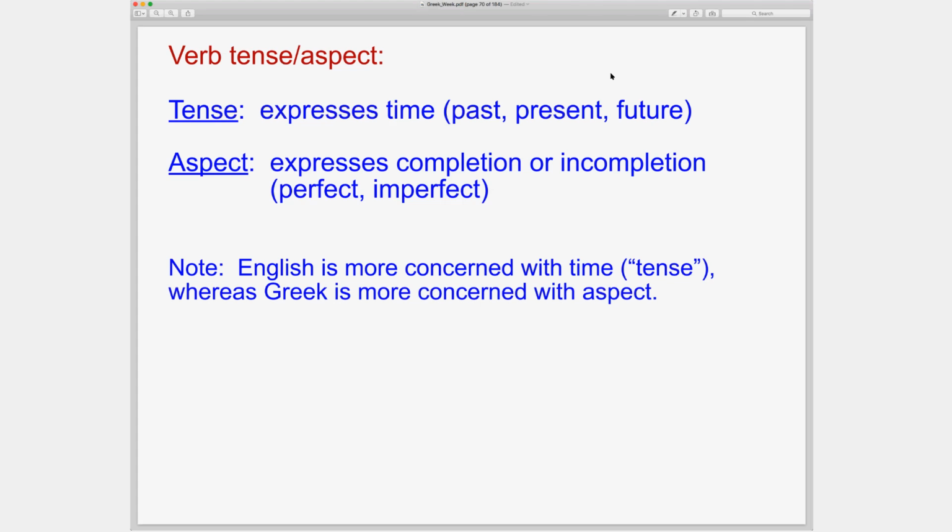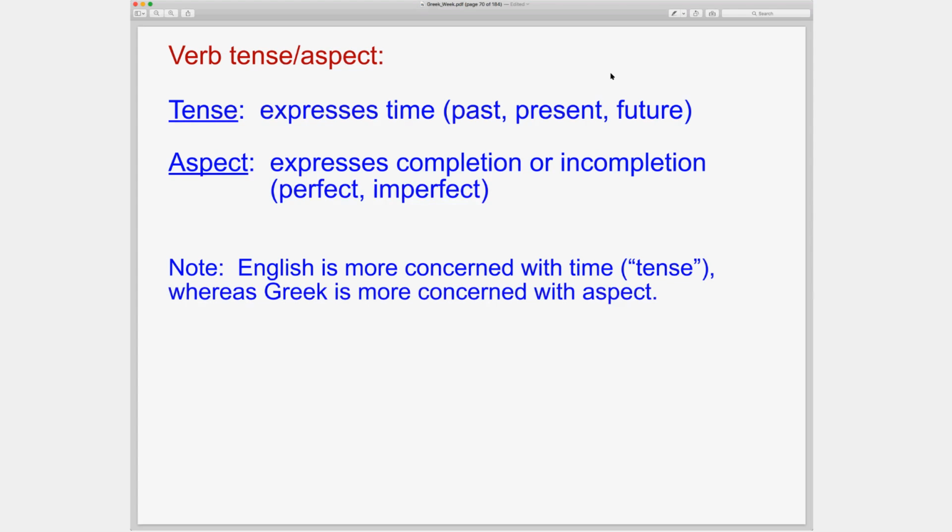Greek is more concerned with aspect. English wants to know when it happened. Greek wants to know more. Did it happen? Is it still happening? Did it complete or not? It's just a different emphasis. So they do have tenses, but it's more concerned with aspect than time.